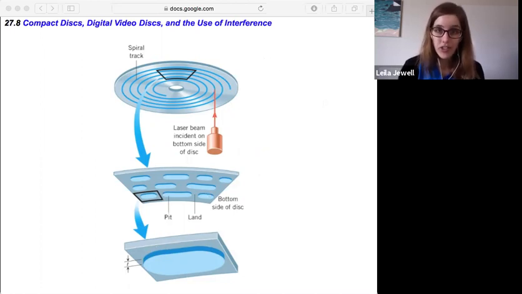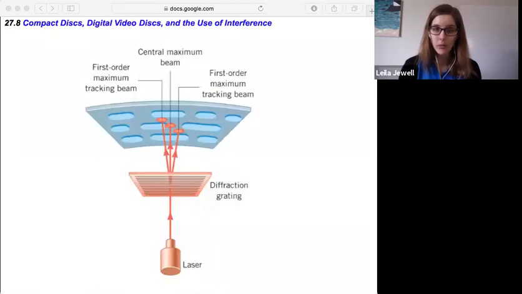Diffraction can be brought into it too, though, with a fancier CD or DVD player. If you put a diffraction grating in between the laser beam and the disc, the diffraction grating, instead of producing one bright laser, can produce three for the price of one. What a deal. So the central one is still tracking on the pits in the land, but the first order maxima is on either side, and it's on the in-between.